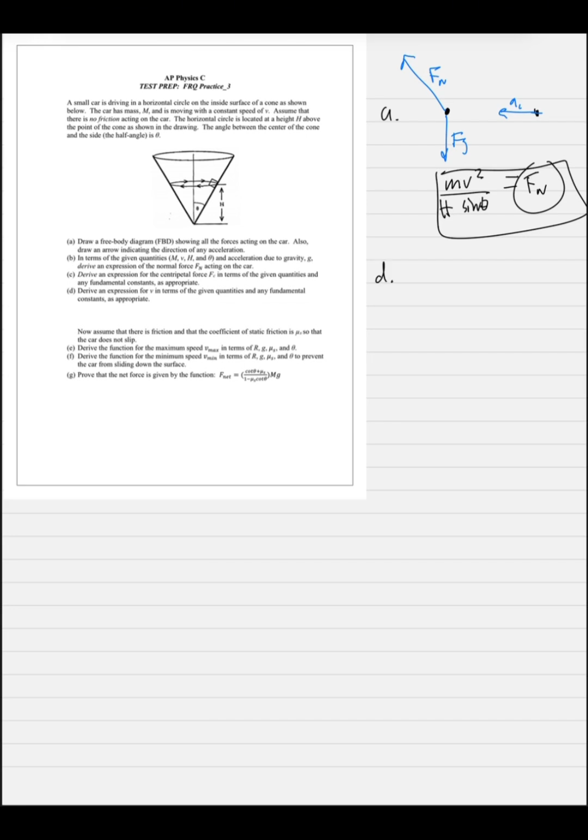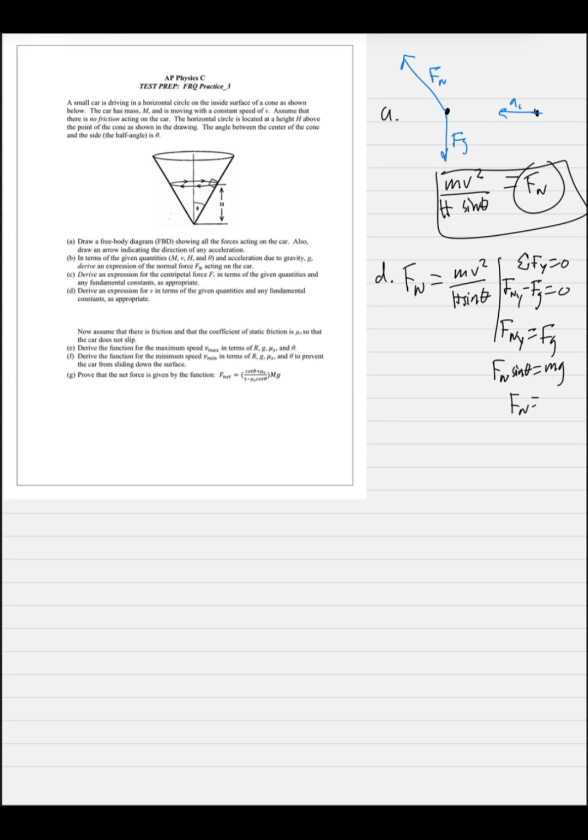For D, we're going to use the function of Fn equals mv squared over h sine theta. We don't know what Fn is, so we'll look at the y direction. We know that net force in the y direction is equal to 0 because it's not moving up or down. So this Fny is pointing up, and then Fg is pointing down. And then we'll move Fg to the other side, so they're equal to each other, and then we'll expand them.